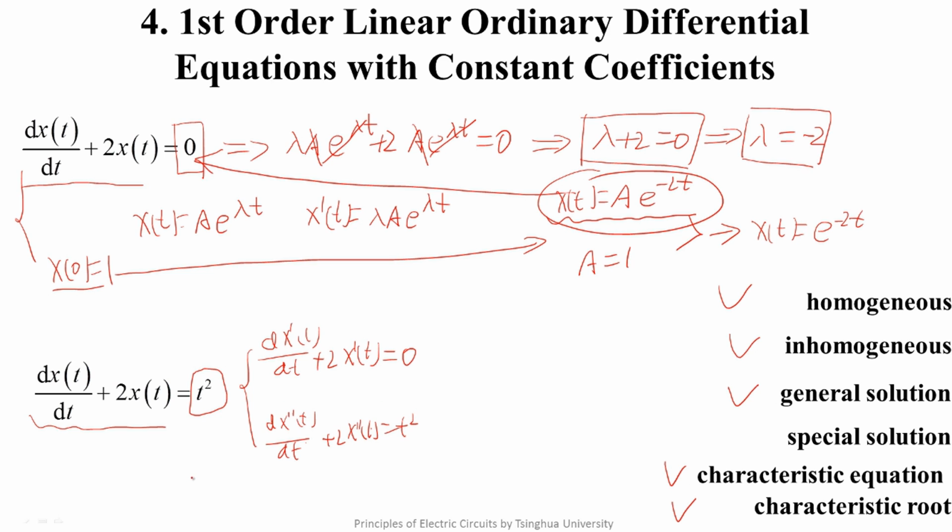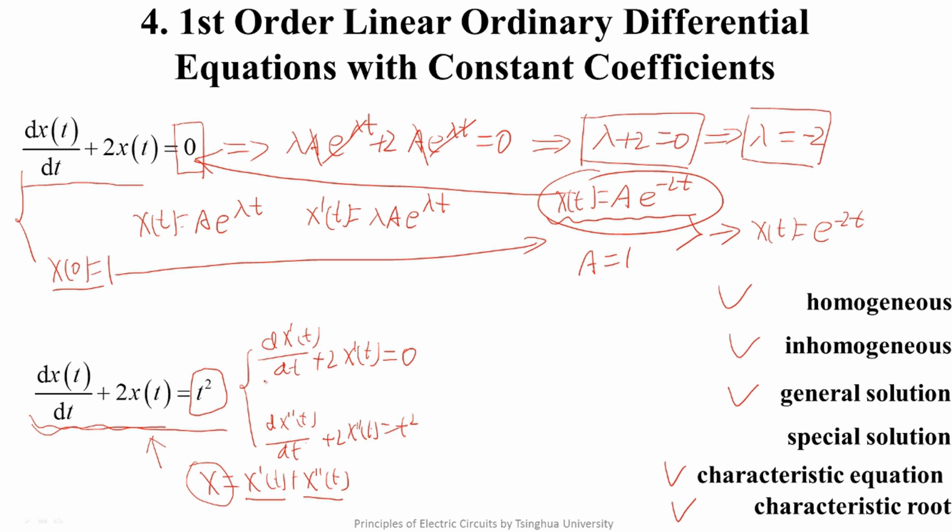The contribution of the first part is to make the left side equal to 0, while the contribution of the second part is to make the left side equal to the right side. So the sum is a solution of the equation.